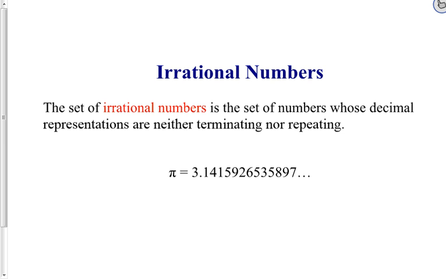So I open up the lesson by talking about irrational numbers. And of course, we know that an irrational number is a number whose decimal form is non-terminating, non-repeating, right? And pi is probably the most popular irrational number out there. We're all familiar with pi. The reason that I talk about some irrational numbers here is because certain radicals, like the square root of 2, if you plug the square root of 2 into your calculator, you'd see a decimal that's non-terminating, non-repeating.